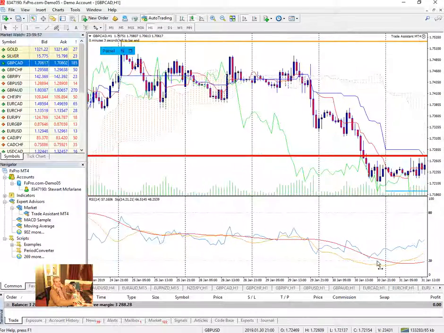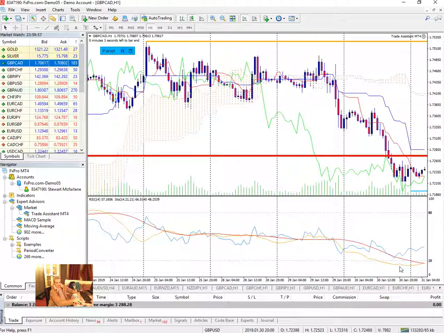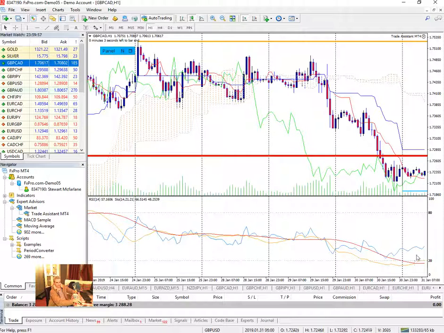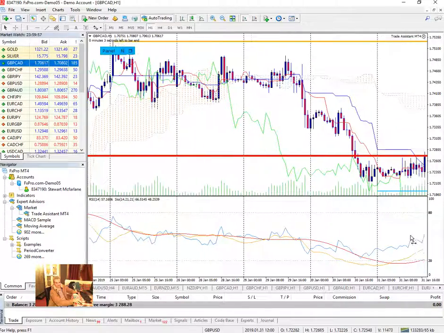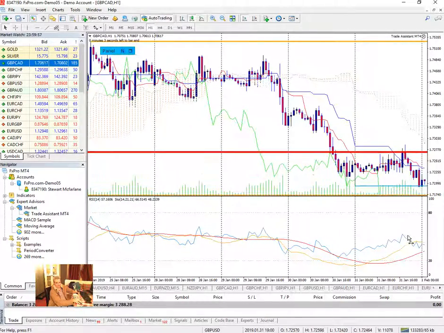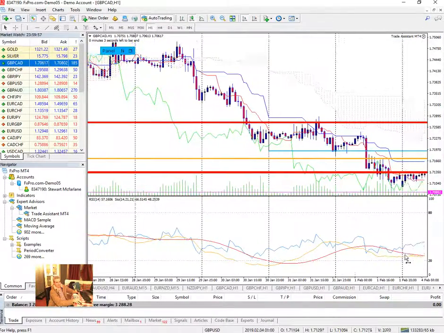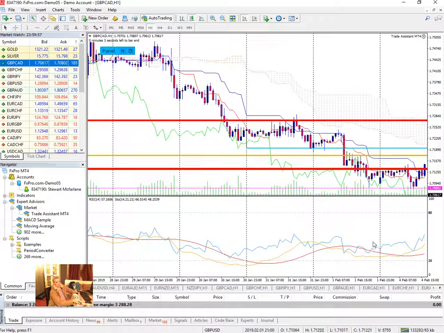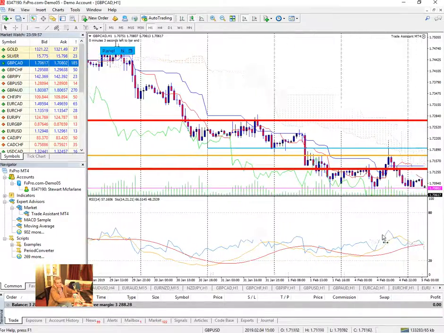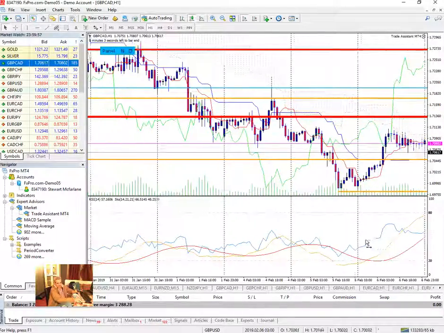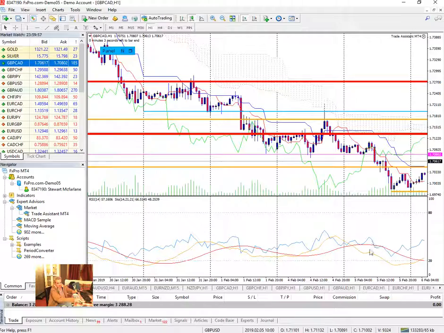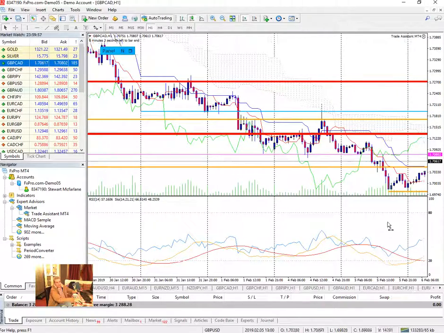Now this bit here, see that crossing over, blue line out there, that would be a long trade there as it currently stands. Although, see, this is where the market's not playing nicely. And it's doing the opposite to what you expect. So you're going to get a couple of those losing trades. But here we re-enter the market again.